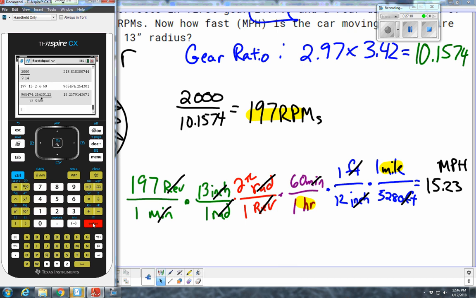Now, there are 2 things we are neglecting to keep this at a high school level class and not college level stuff. And that is air resistance and friction. Those are 2 more complicated equations I don't feel like diving into today. So, assuming you were driving it in outer space or something, where there's no air. Does that make a big difference at 15 miles per hour?